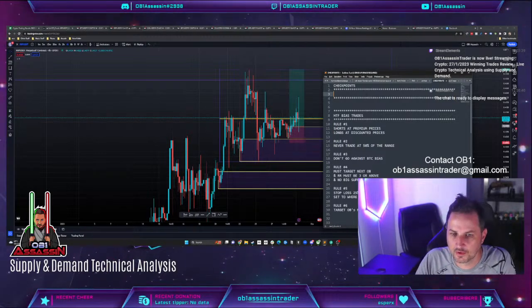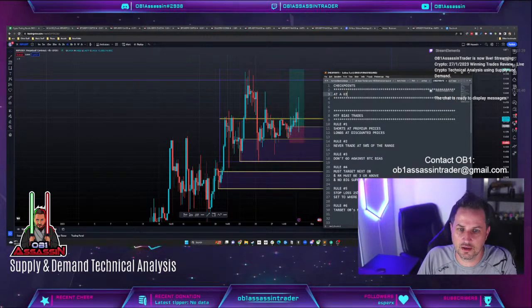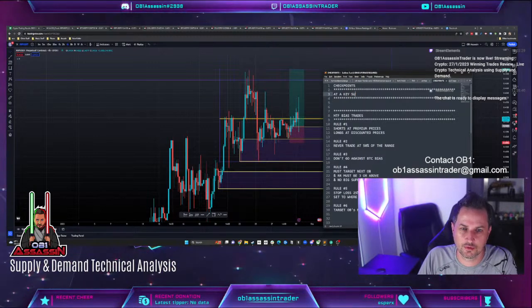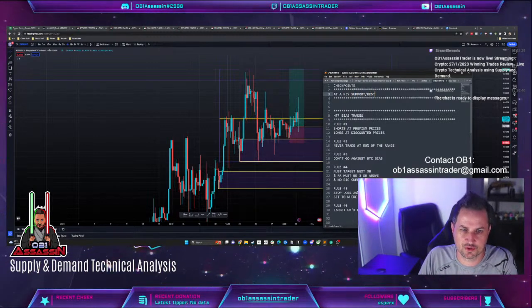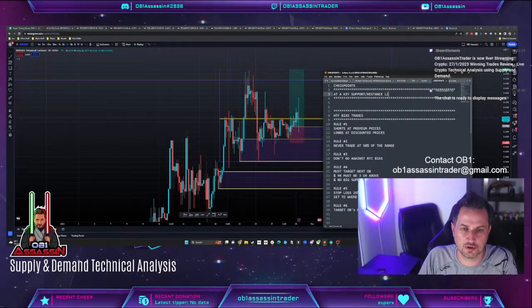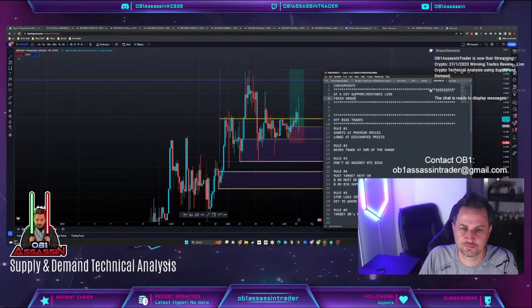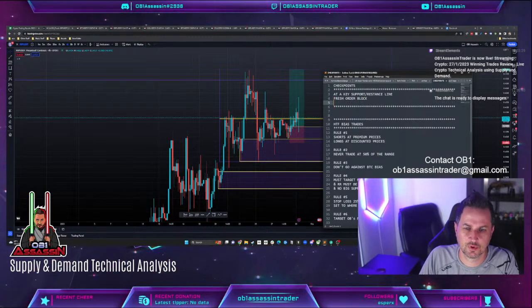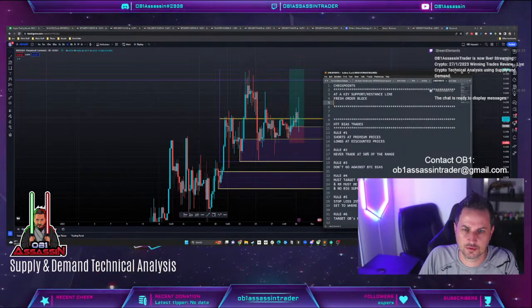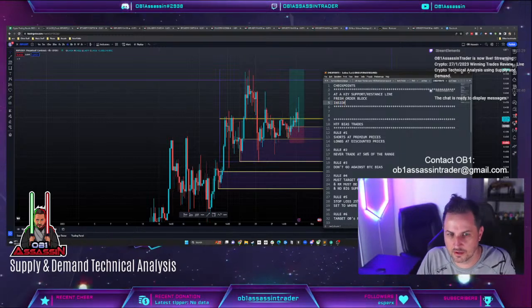So, at a key support resistance line, a fresh order block, and inside a breaker block.